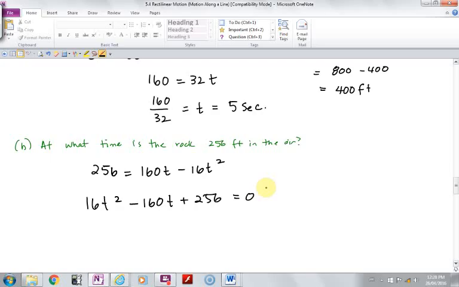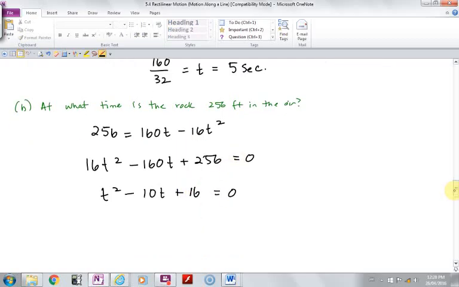Divide by 16. Okay, so I have t squared minus 10t plus, what's 256 divided by 16? 16. All right, so we got t minus 2, t minus 8. So at t equals 2 or t equals 8.